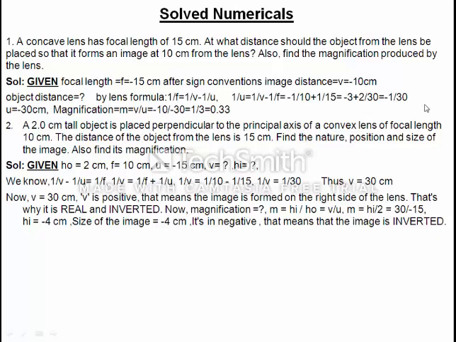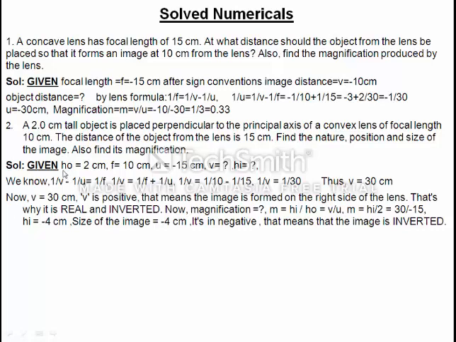And if the object is placed between f and 2f, we will get the image beyond 2f, and it will be real and inverted, and magnified. So this is according to the case, but here we cannot write like this, because here a numerical is given, some values are given, so you have to solve the numerical and find the exact value.